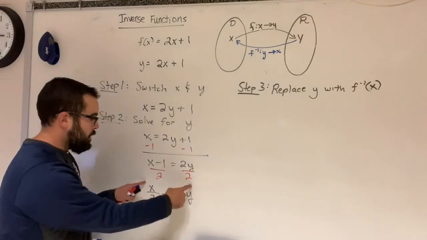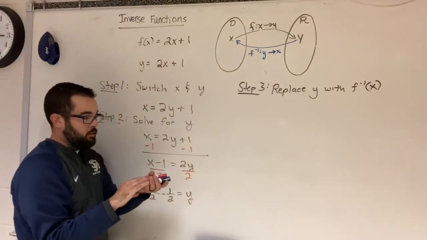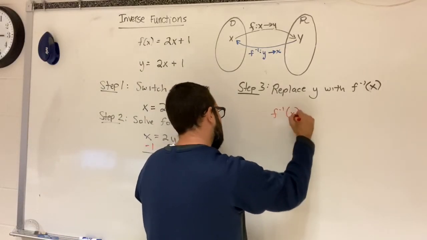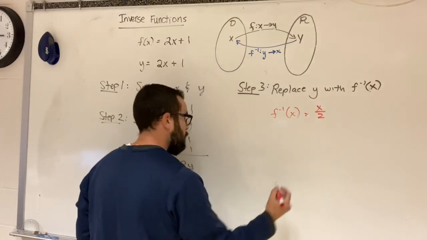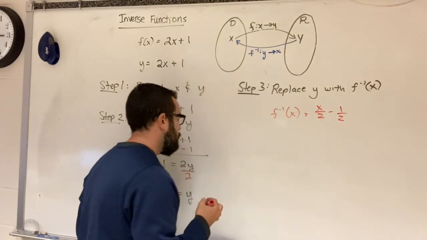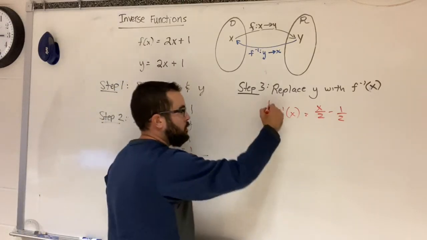We're saying that this is the inverse of what we started with. So our answer is going to be the inverse of f is equal to x divided by 2 minus 1/2. And there's your inverse.